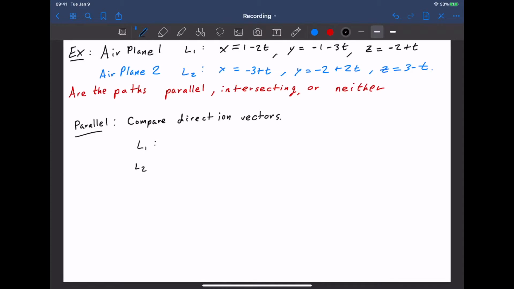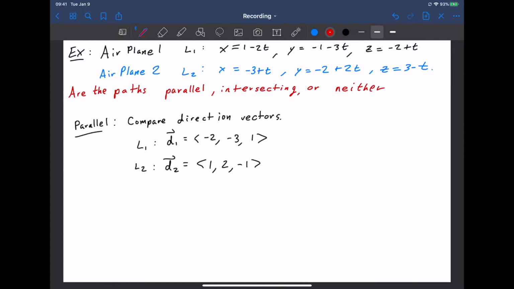For line 1, the direction vector, we're just going to take the direction numbers, which are the numbers multiplying the t, the coefficients of t. So -2, -3, and +1. Versus for L2's direction vector, we got 1, 2, and -1.